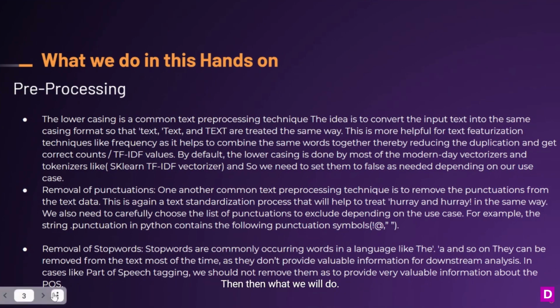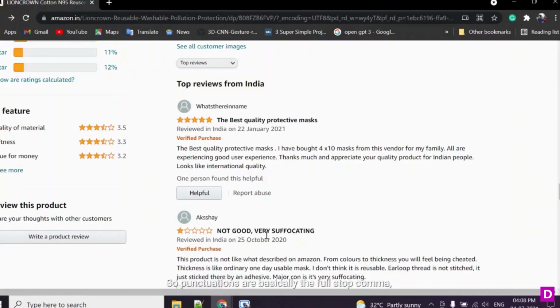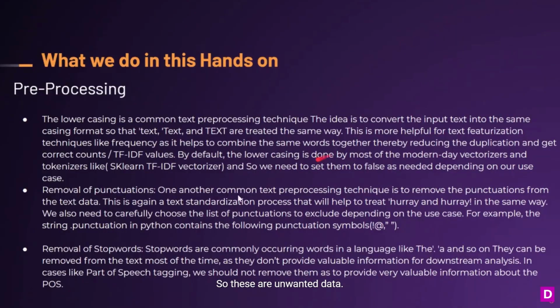Then we will remove the punctuations in the text, right? Punctuations are basically the full stop, comma, these kinds of expressions and numerical characters, etc. So these are basically unwanted data. The symbols like exclamation marks, at the rate, double quotes.